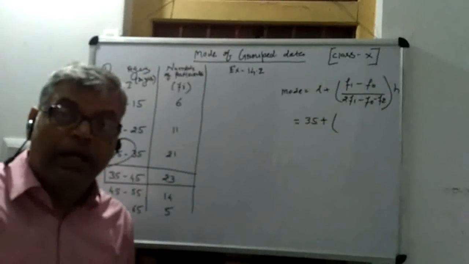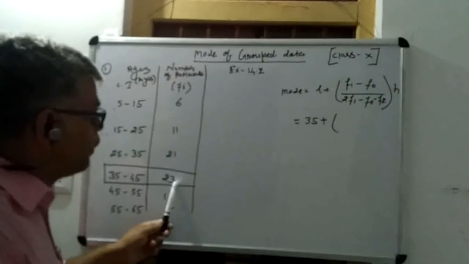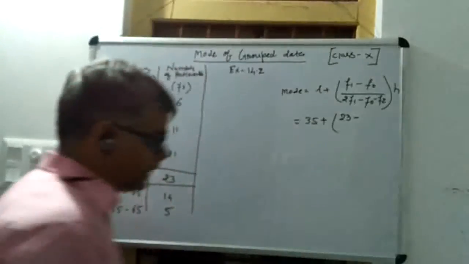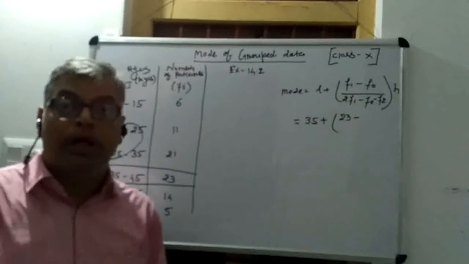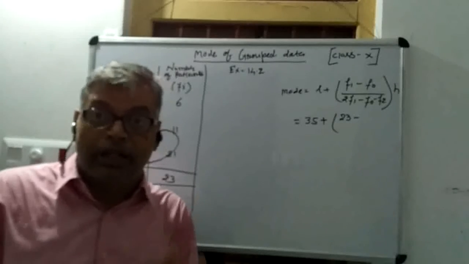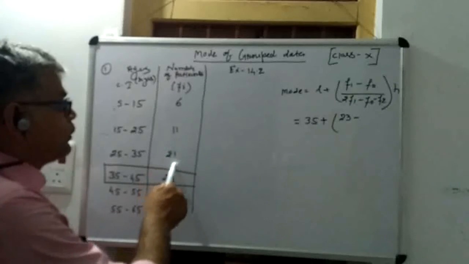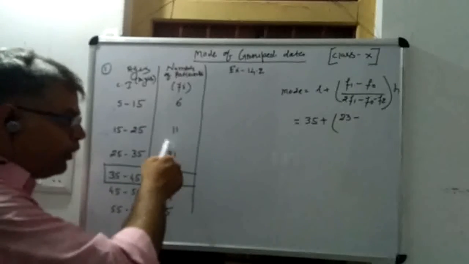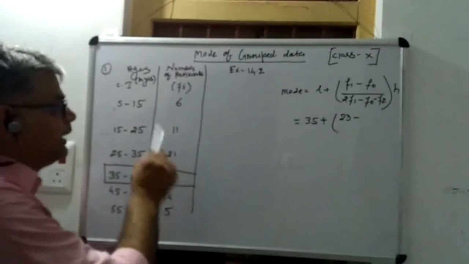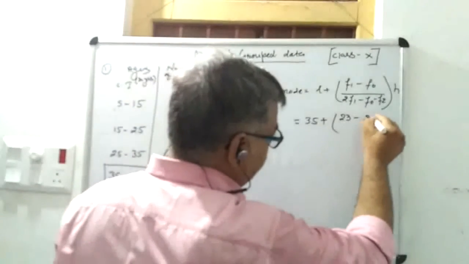F1 is the frequency of the modal class, which is 23. So put 23 minus F0. F0 is the frequency of the class just preceding the modal class, which is 21.